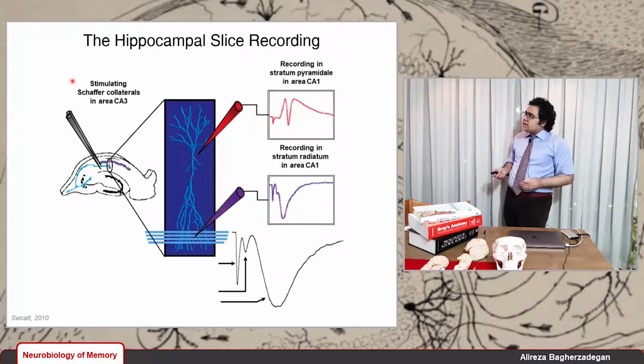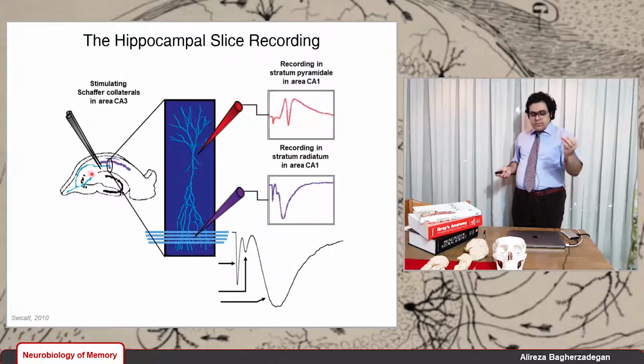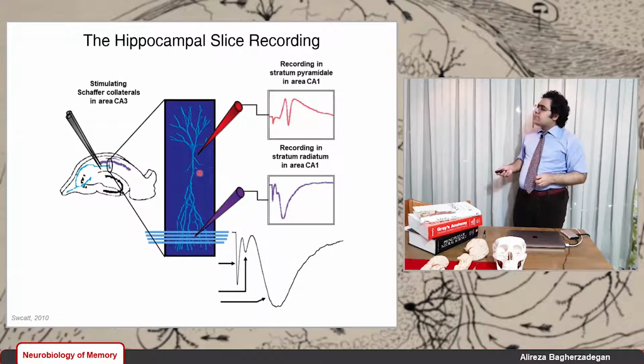So scientists stimulate a particular, for example, pyramidal cell in the CA3 area, and they record from different layers of the CA1 area and different parts of the pyramidal cells in the CA1 area. I'm not going to talk a lot about these recordings here. I just wanted to show you how scientists do that.